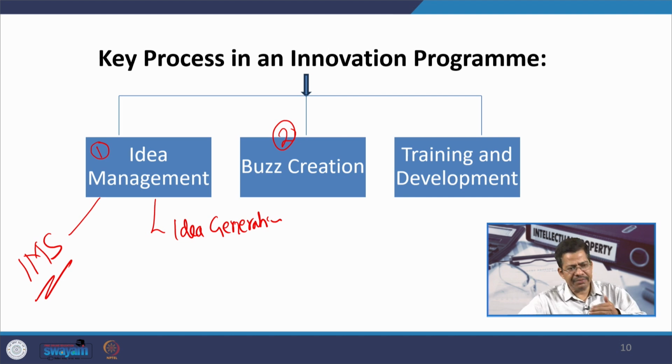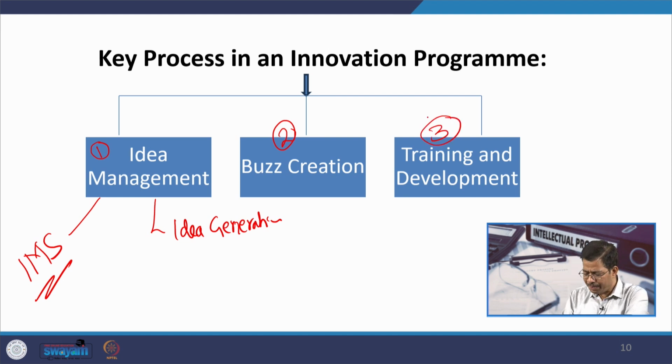If I have some IP, how I will like to monetize that, in that case buzz creation will also be an important thing. You need to do a lot of promotional activity with respect to your ideas, so that people start following your idea. And third is training and development.